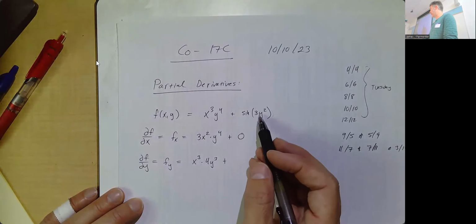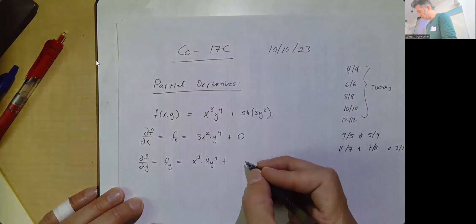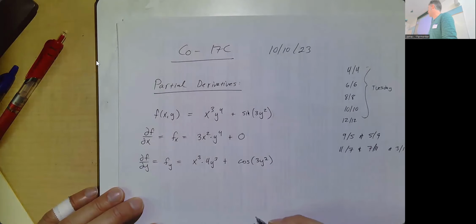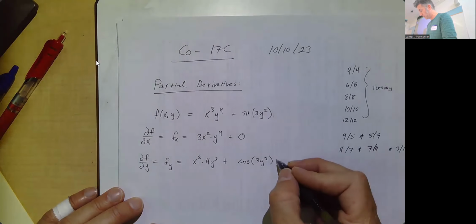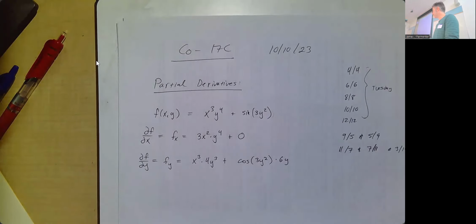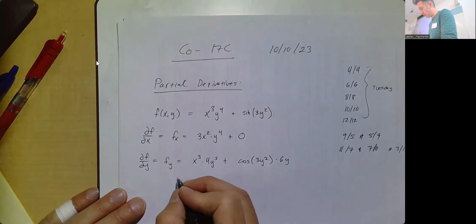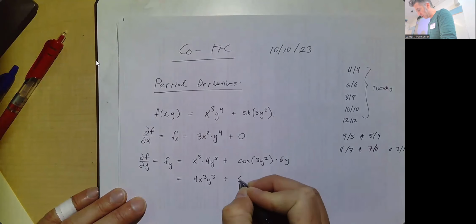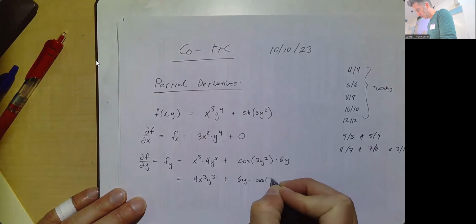So the derivative of sine of some stuff is cosine of that same stuff, but then we have to use the chain rule and multiply by the derivative of the inside, which is 6y. You can leave it like that, or if you wanted to simplify it a little bit, you could write it as 4x cubed y cubed plus 6y times cosine of 3y squared.